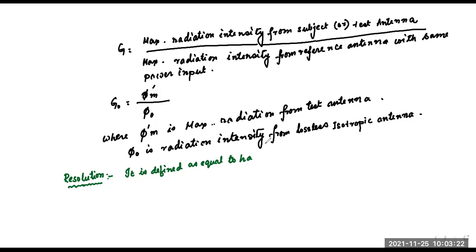Half of the beam width between the first nulls is approximately equal to the half power beam width. So it is defined as equal to half the beam width between the first nulls.